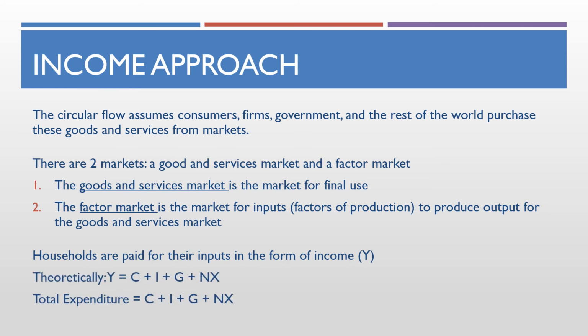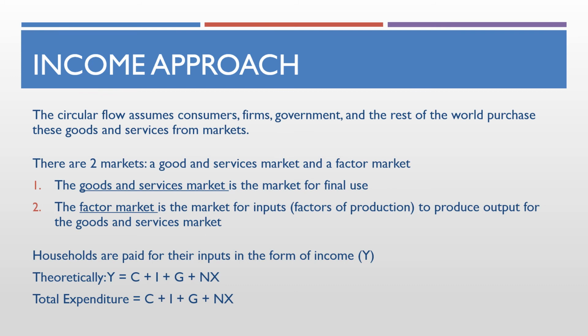Theoretically, Y, which is the total national income, should always equal the total aggregate spending in the economy, which is consumption plus investment plus government spending plus net export. And the total expenditure in the economy is also represented by consumption plus investment plus government spending plus net export.